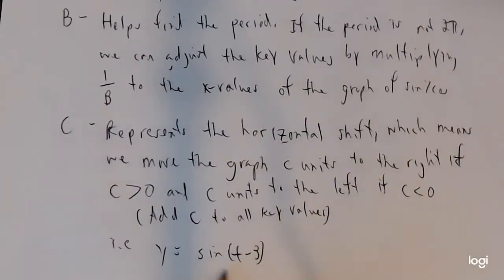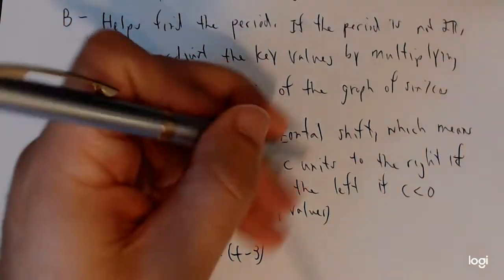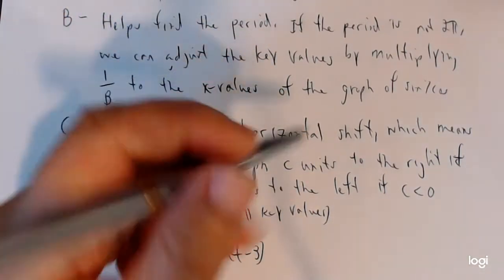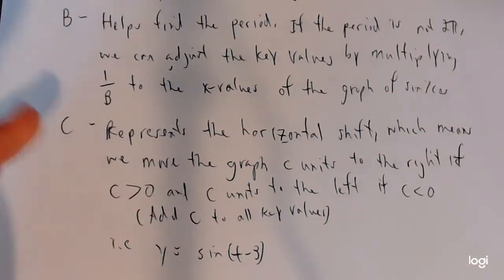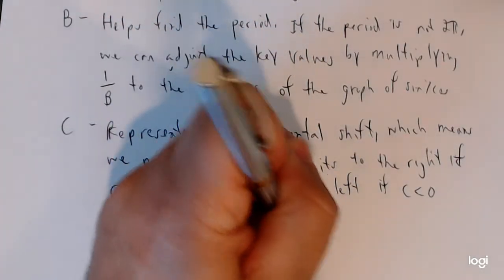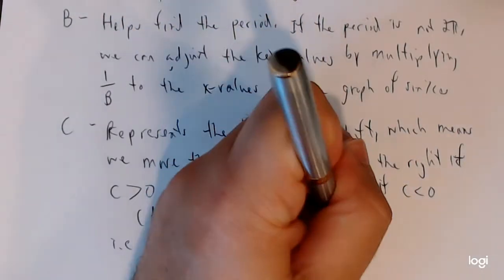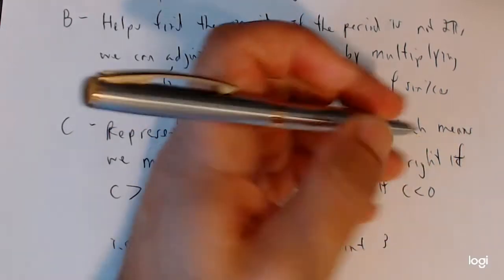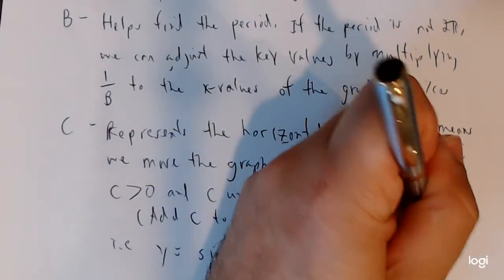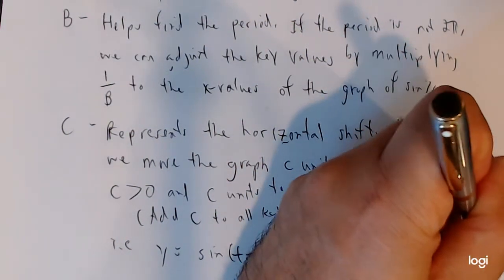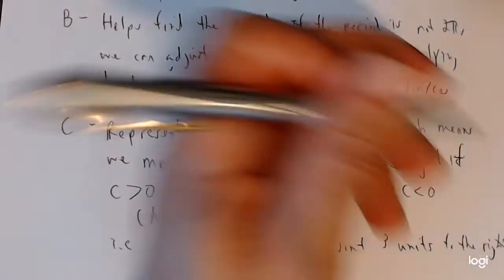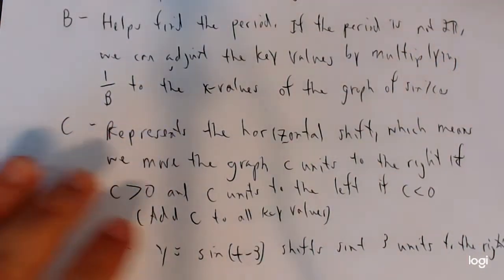If it's minus, that means c itself must have been positive, right? The way we think of it is, what you see, always think in terms of the opposite. So this shifts sine of t 3 units to the right.